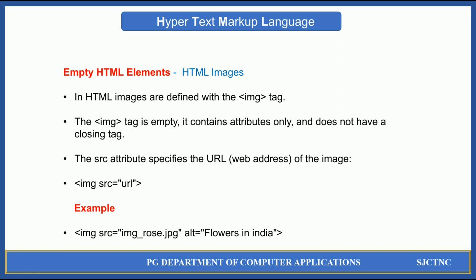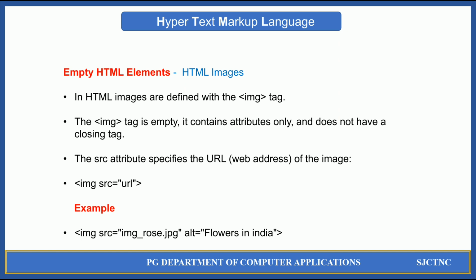That is img src equal to URL. Here the URL is the path of that image. For example, here we can see img src equal to image underscore rose dot jpg. It is the file name, the image name. It will display a rose image.